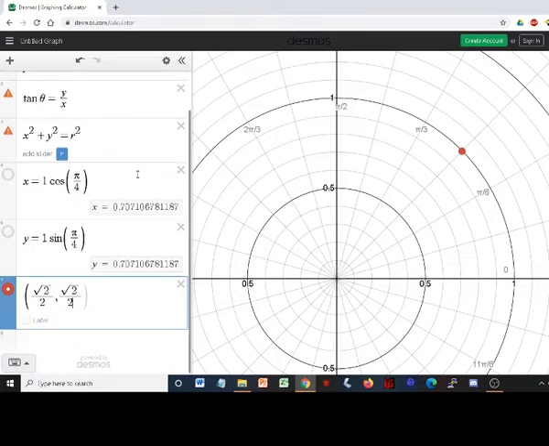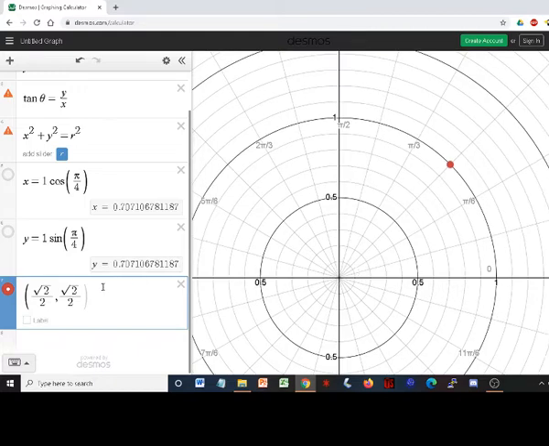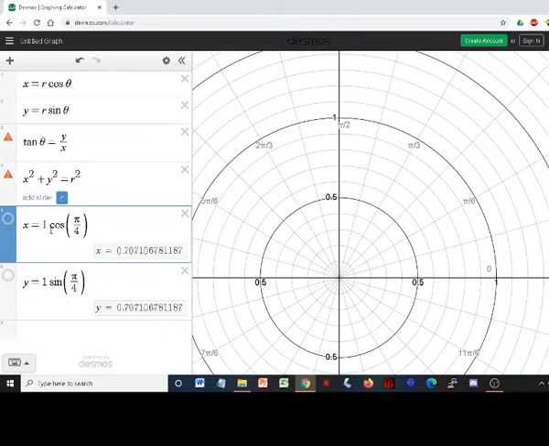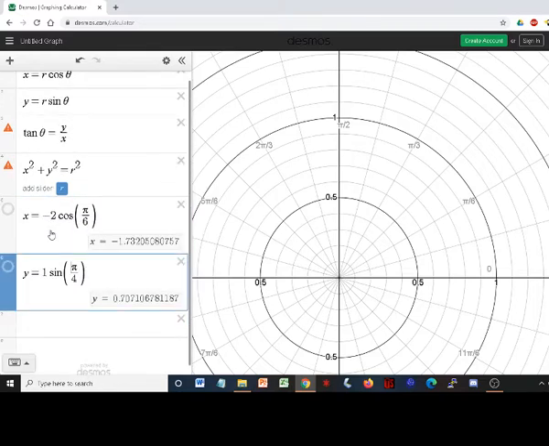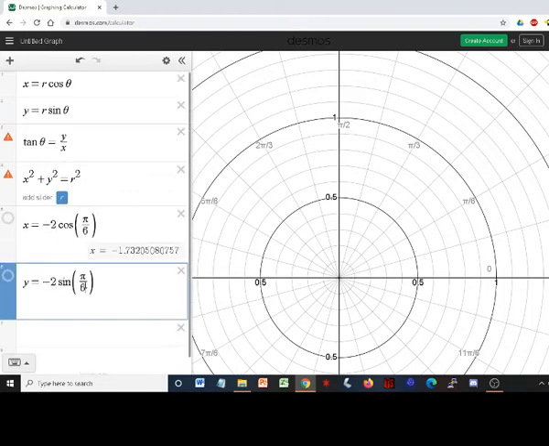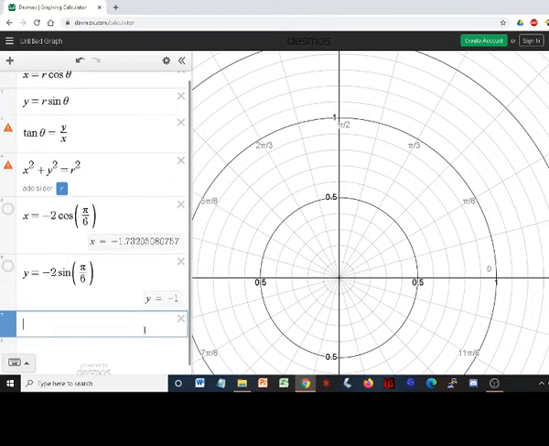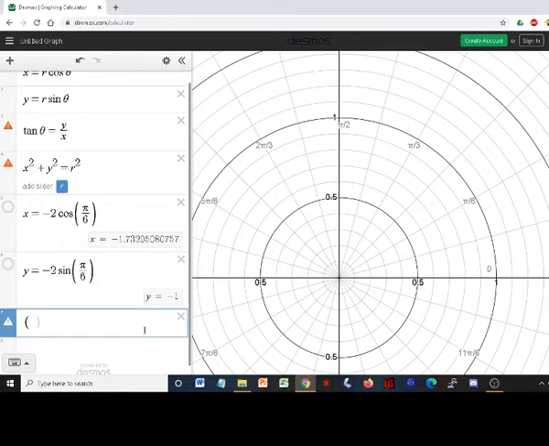Let's do another one. Let's do that last one that had the negative radius. So if I get rid of this dot, and put -2 here and cosine pi over 6, I would get that value, and then -2 here and sine pi over 6. Hopefully we'll get the right dot. So that says x should be negative, what would that be?